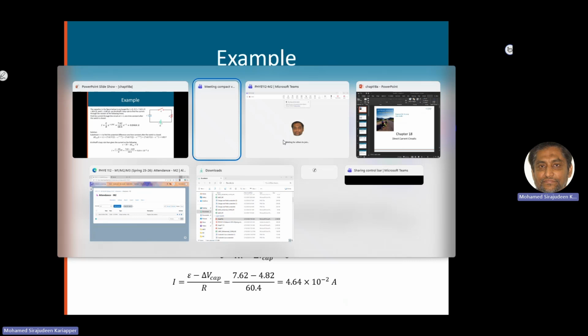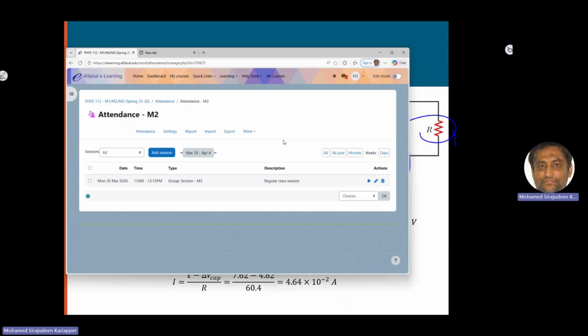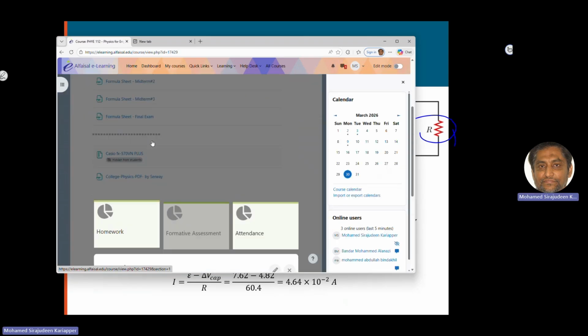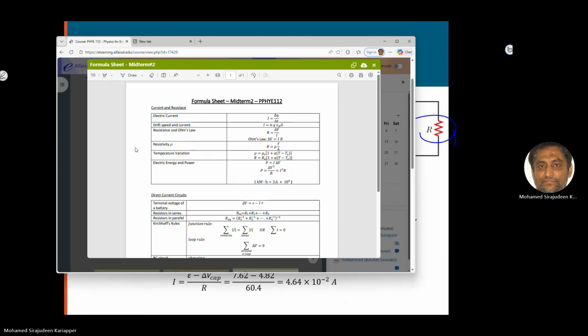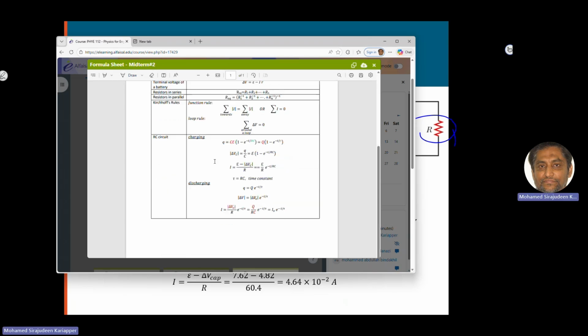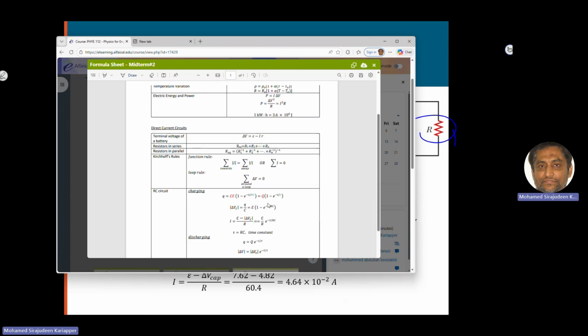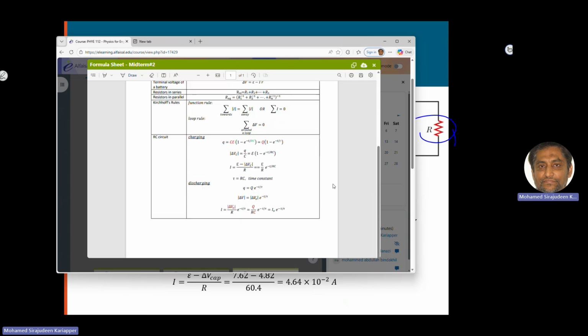So you know what is in the formula sheet. This is the formula sheet, and this is all chapter 17. This is all chapter 18, and this is the section we are at, RC circuit.